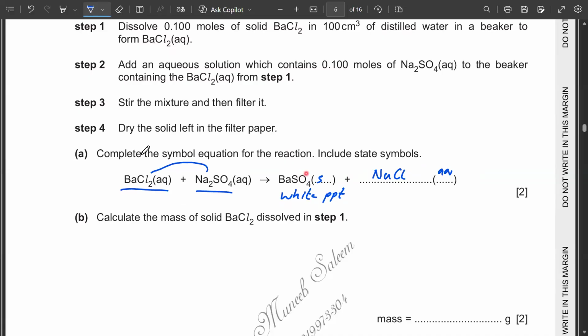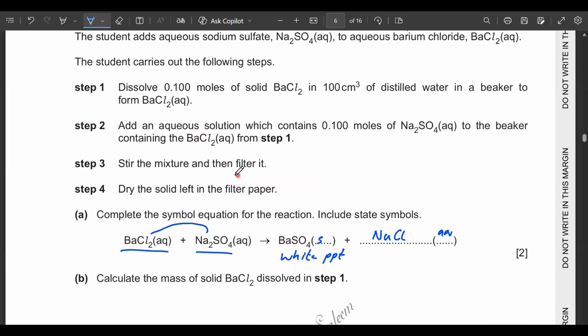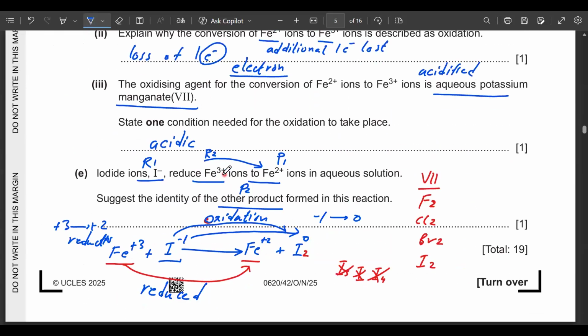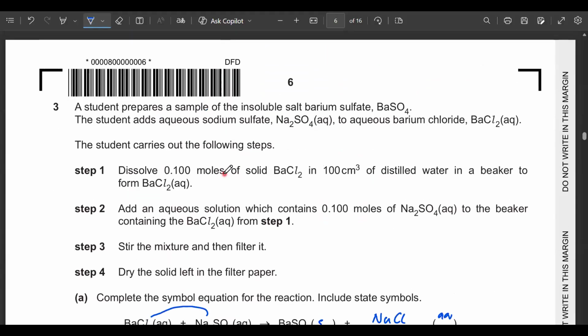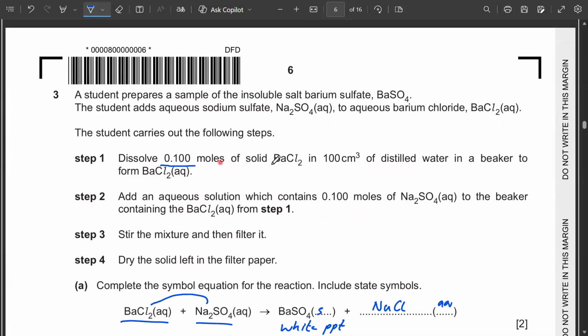Then B part, calculate the mass of barium chloride dissolved in step 1. So how much mass of the barium chloride is used? We need to calculate the mass. This is basically the stoichiometric part of the question. In step 1, 0.1 mole is used. Barium chloride has this much mole.